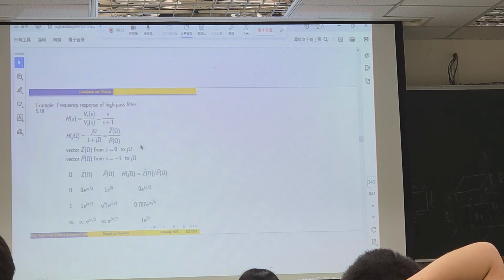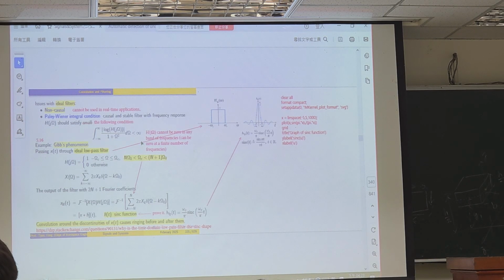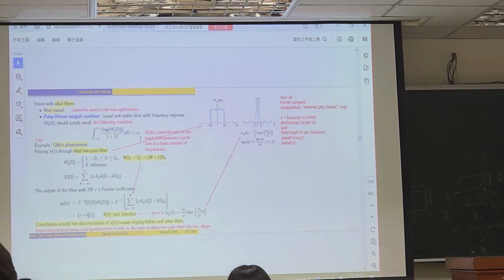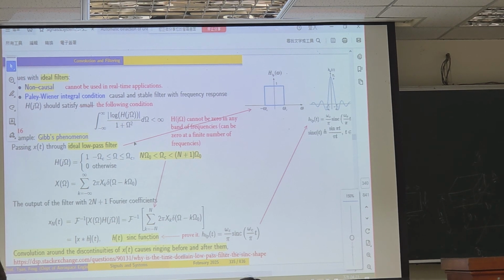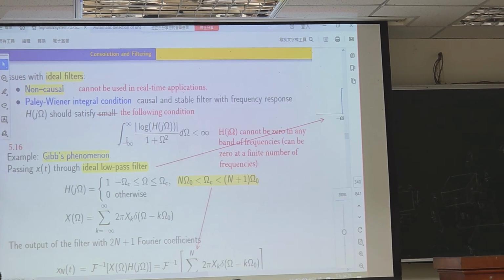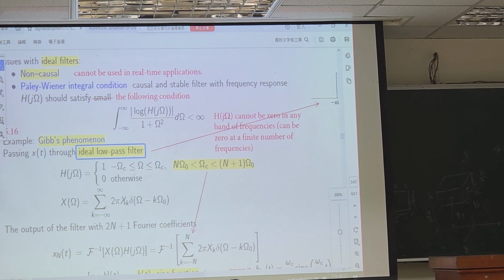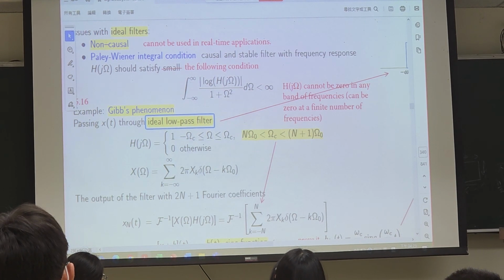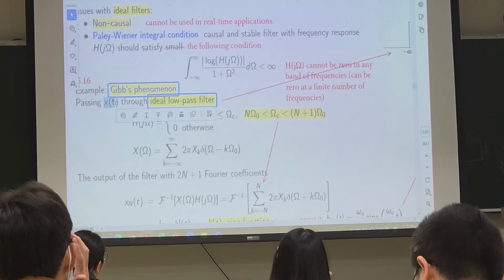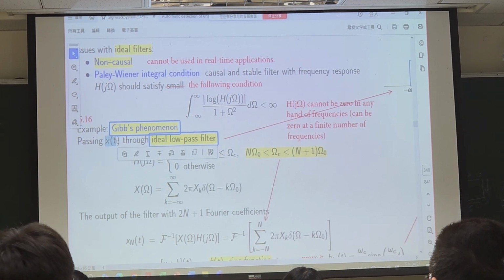Okay, let's go to the example. In this example, suppose we are given an input signal, x(t). This is the input signal.